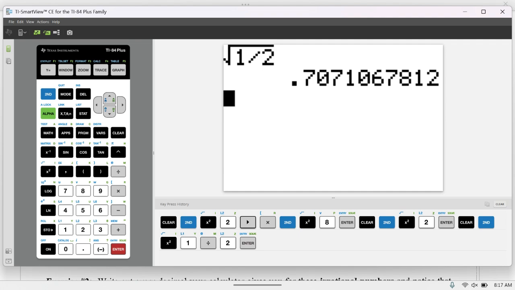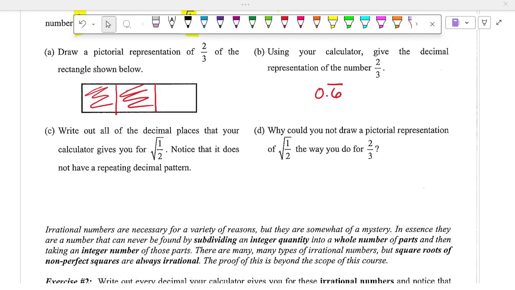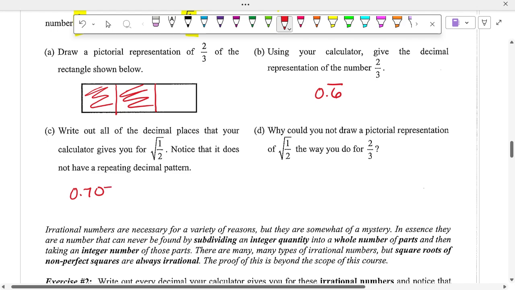You guys got it? Okay, so it's 0.70 what? 7.